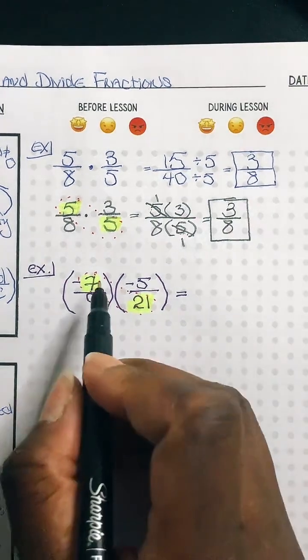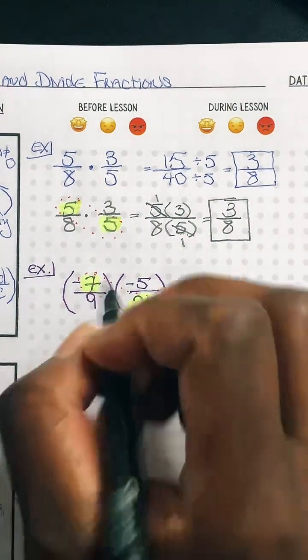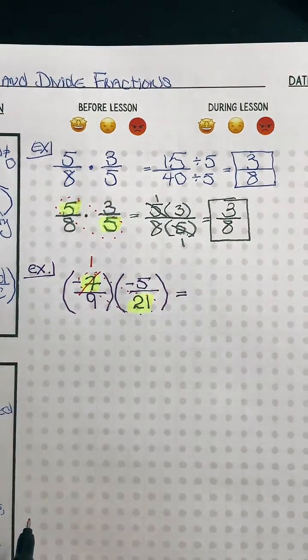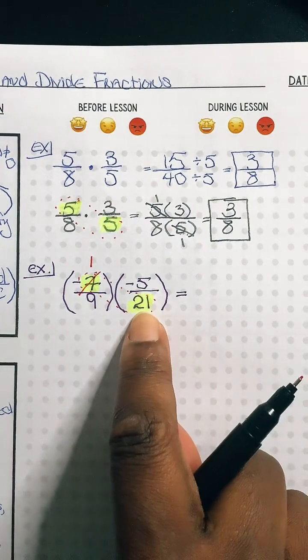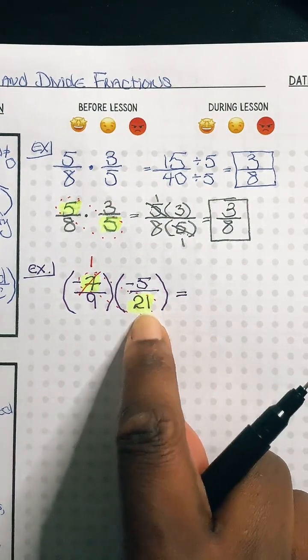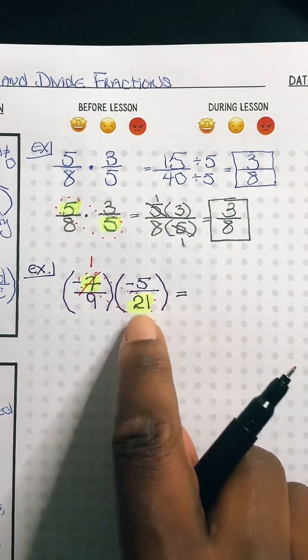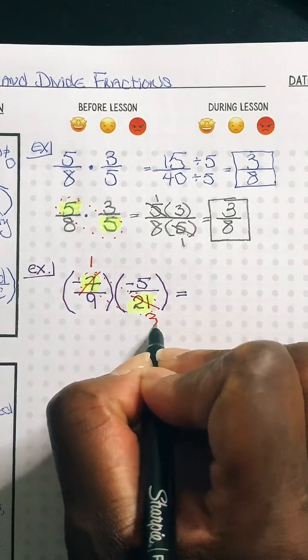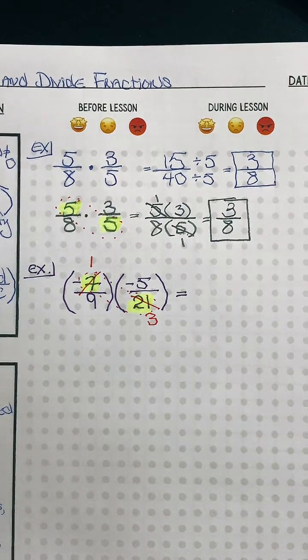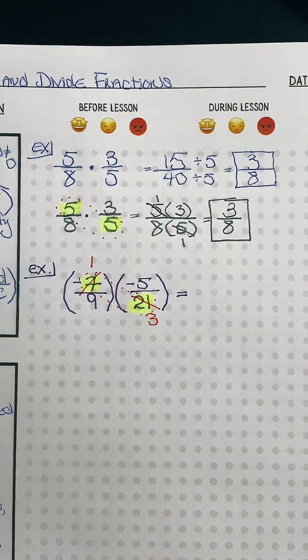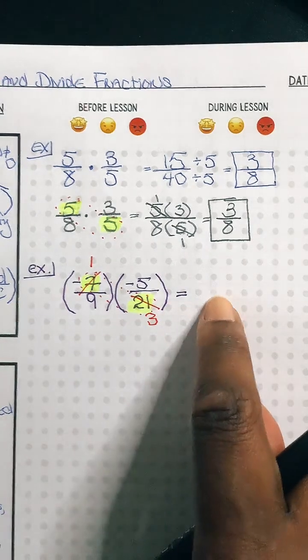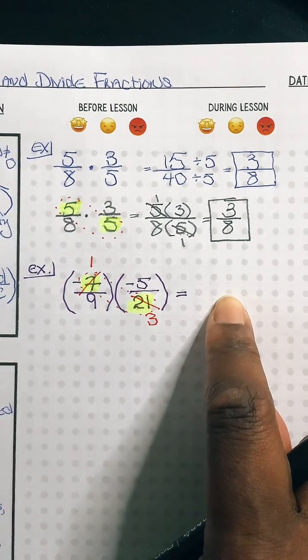Okay, because if I do 7 divided by 7, this is going to now be a 1. If I do 21 divided by 7, that's what you guys are seeing. 21 divided by 7, that's a 3. Okay, we're good now? There we go. They're both factors of 7. Thank you. All right. So now we know our answer is going to be positive.